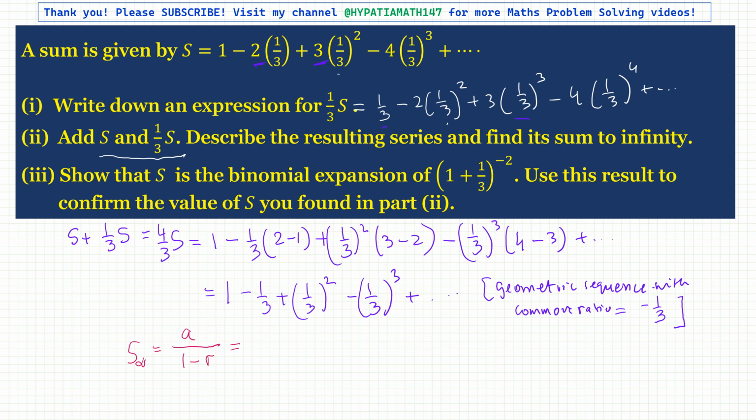We have a as 1, and the common ratio is minus 1/3, so it would be 1 plus 1/3, since minus and minus give you a plus, so that would be 1 over 4/3, which is 3/4. So the sum to infinity equals 3/4. That's S infinity, and that's the answer.